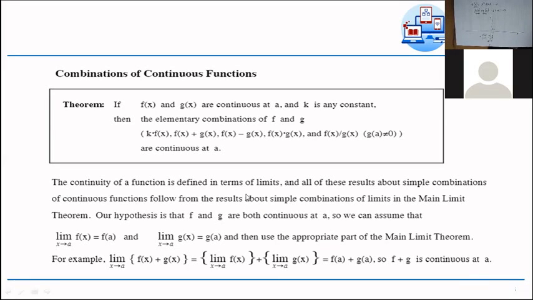Okay? Any questions po? Yun po yung tinatawag nilang combinations of continuous functions. Combinations dahil meron tayong dalawang functions, yung f at saka g. Pero pag kinoconnect natin po siya, okay, we're going to have a continuous function. Okay po?